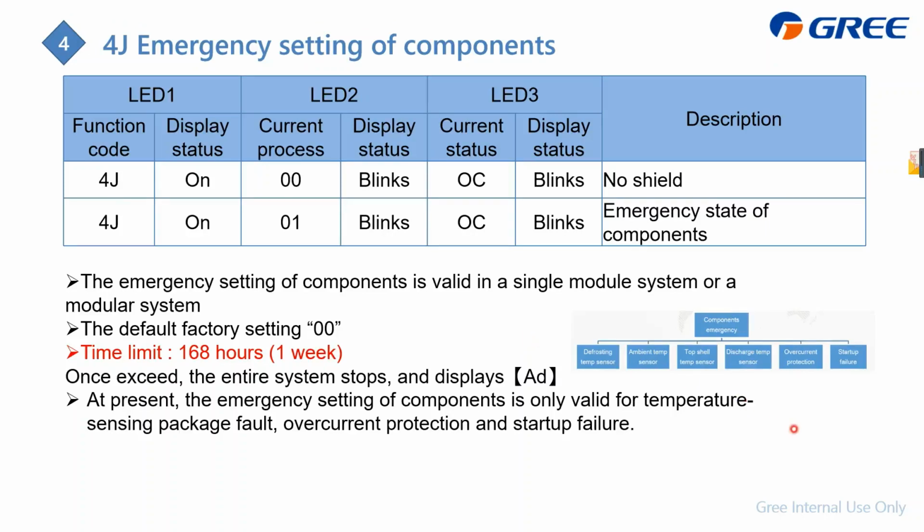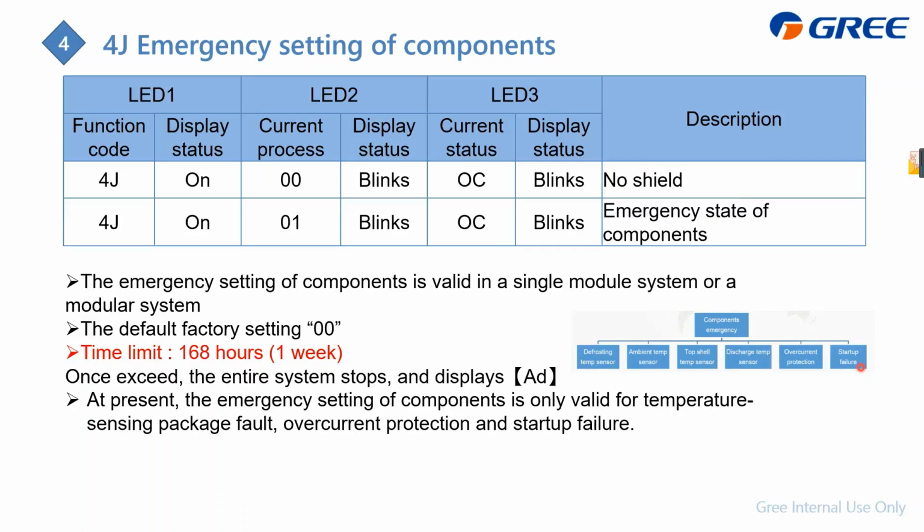It means that if one sensor in the system is malfunctioning but you still want to control this unit and keep it running, we can shield the sensor. We can shield not only one sensor but all the sensors, and the whole unit can still run for another week.